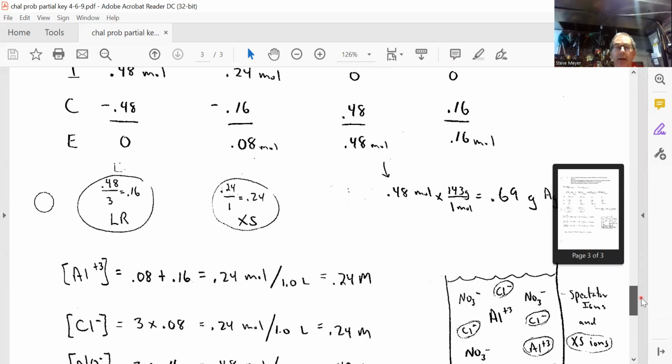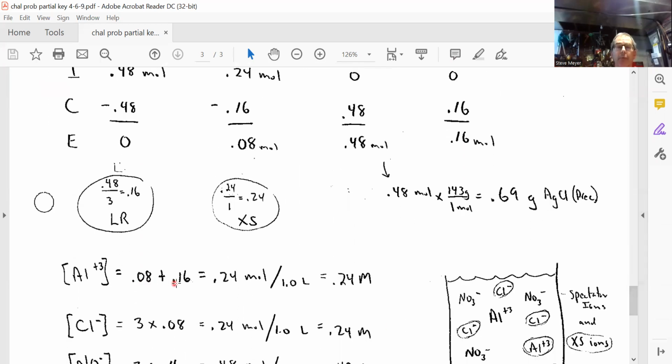So I take that 0.08 plus 0.16, which equals 0.24, divided by the total liters of 1, and I get 0.24 M. Now, what do these brackets mean? The brackets mean concentration of. So that's a shorthand for saying concentration of aluminum plus 3 ion is 0.24 molarity.